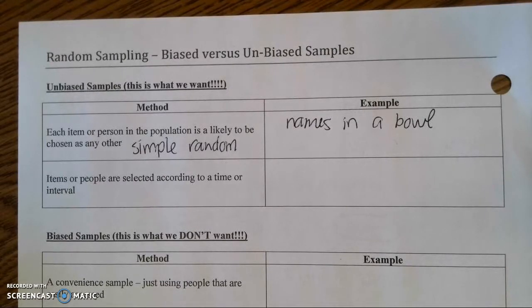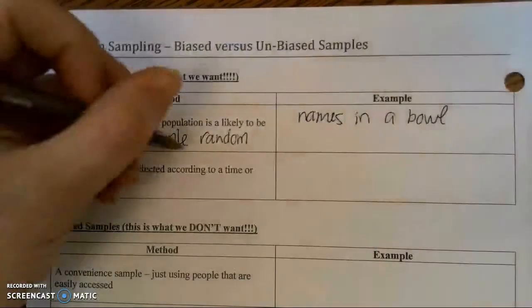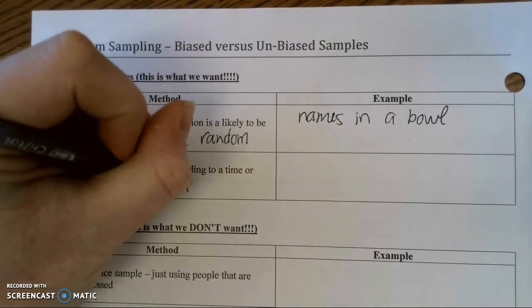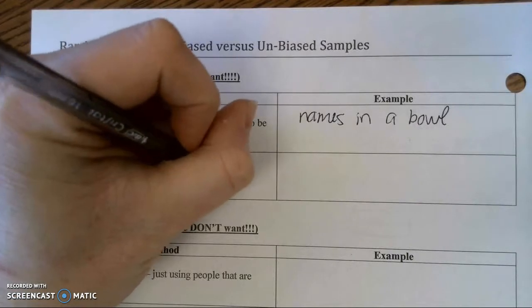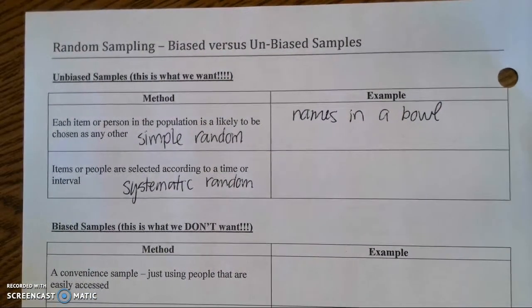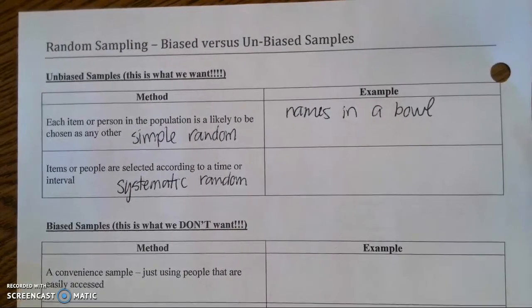The next part, so items or people are selected according to a time or interval. And we're going to say that that is systematic random. So that was like that last problem that we just talked about. Every 10th person entering a certain place will be surveyed.